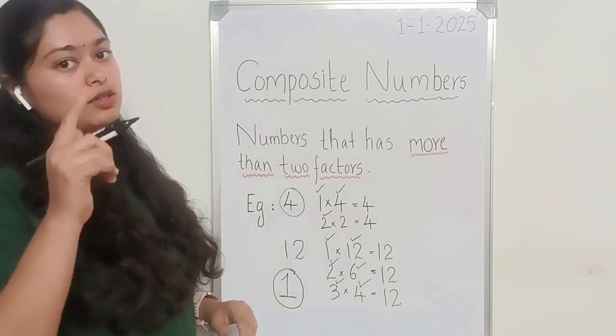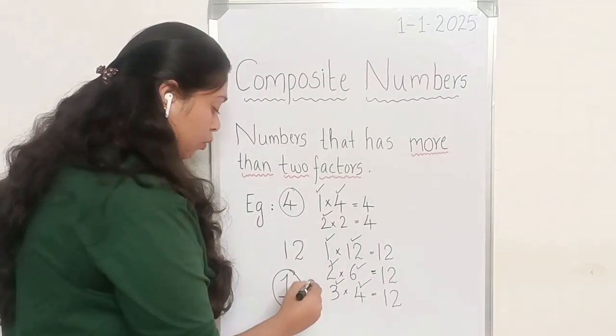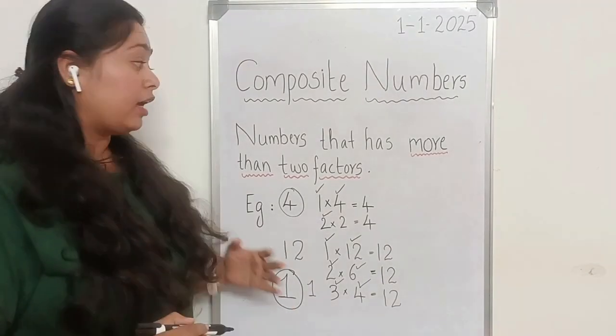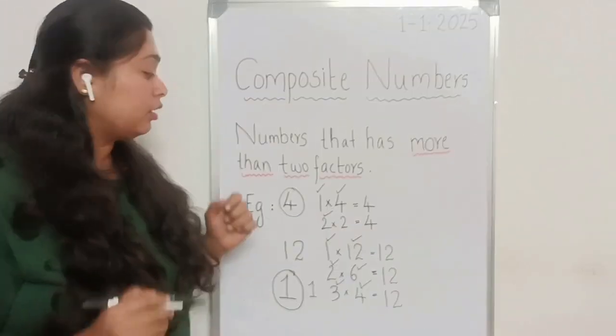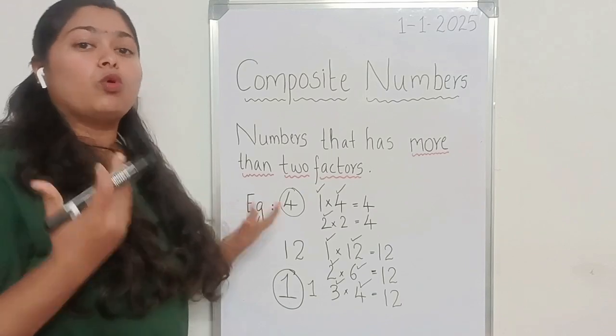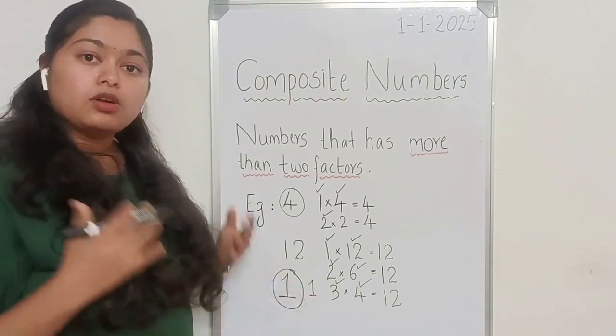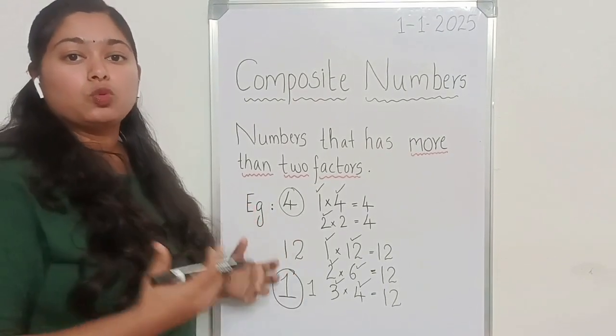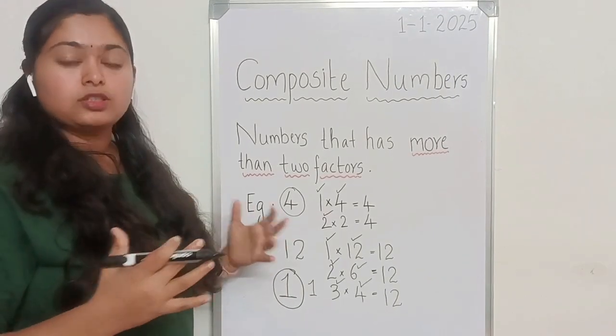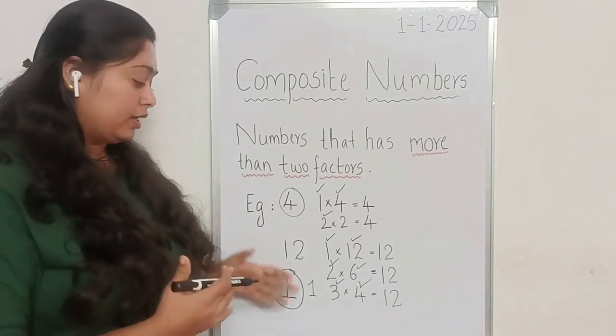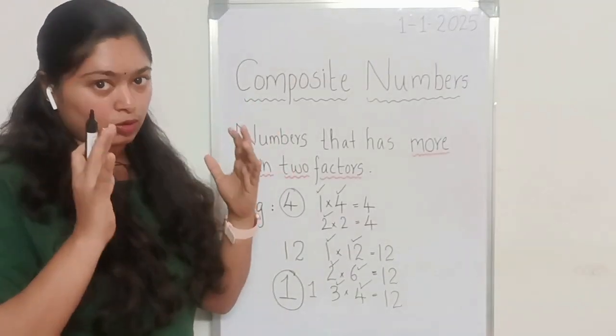But 1 has only 1 factor, which is 1 itself. And if you check the next definition of composite number, a composite number should have more than 2 factors. Again, 1 is not having more than 2 factors also. So, 1 is not a prime also, not a composite also. It is just a unit quantity.